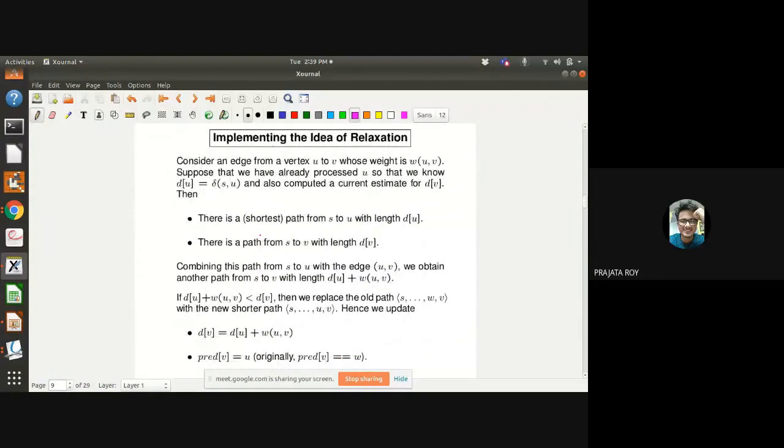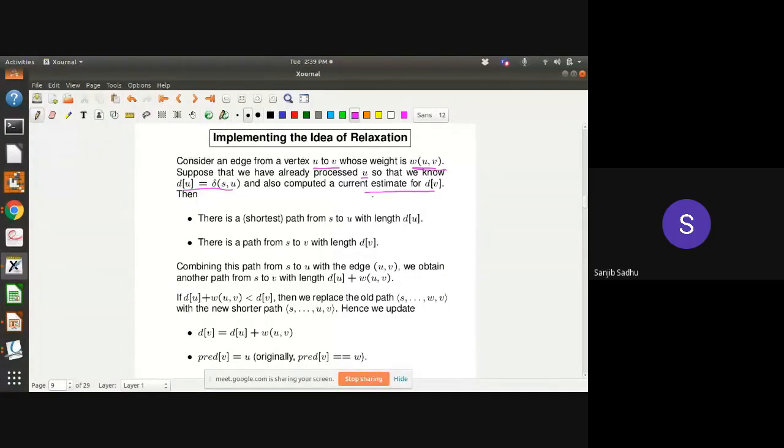Okay, sir. Now, how can we implement this? Consider an edge from a vertex u to v whose weight is w(u,v). Suppose that we have already processed u, so that we know du, and we have also computed the current estimate of dv.